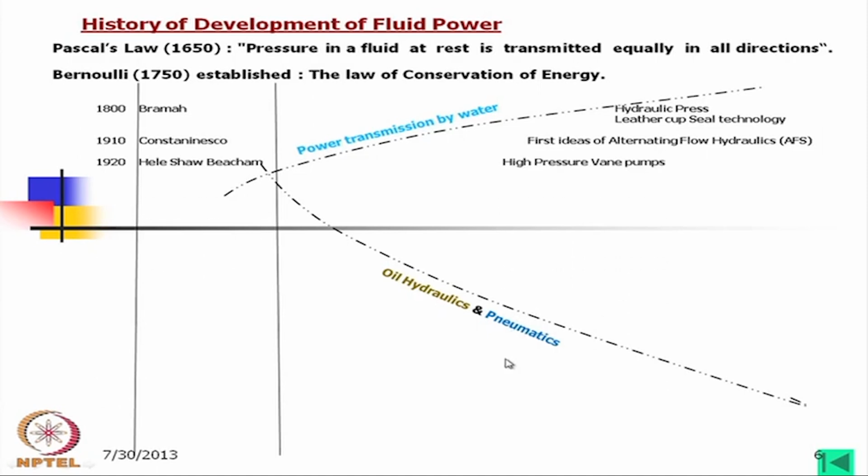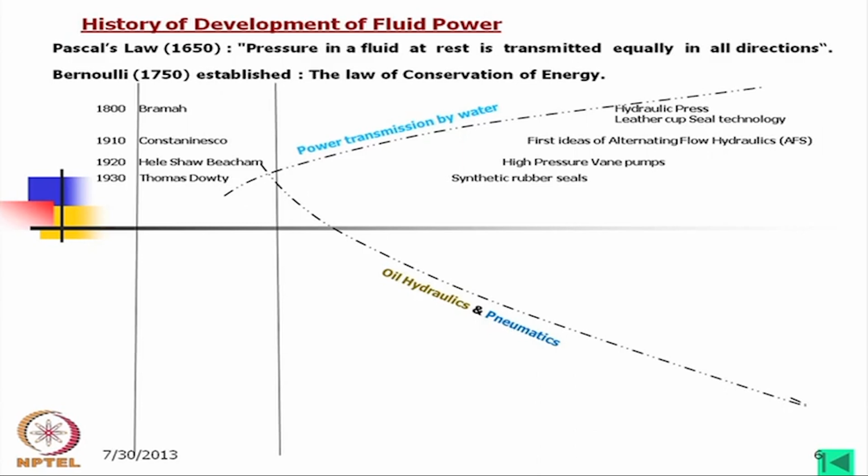Next, in 1920, Harry Vickers developed high pressure vane pumps, and in 1930 Thomas Doughty developed synthetic rubber seals. He industrialized that seal technology.